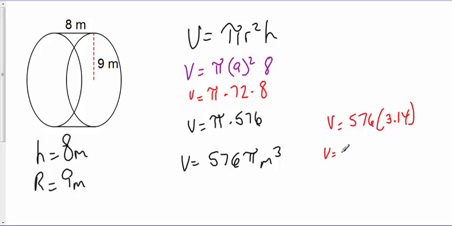So 1808.64 cubic meters. So this is the answer with pi included, and this is in terms of pi. 576 pi meters cubed, or 1,808.64 meters cubed.